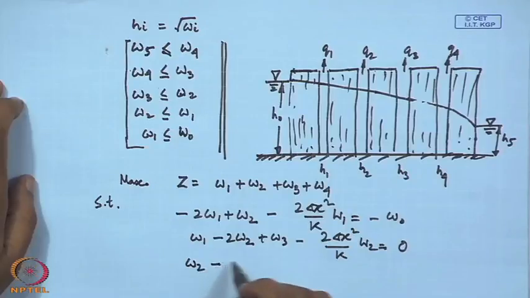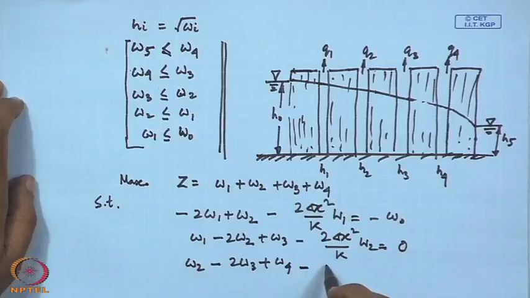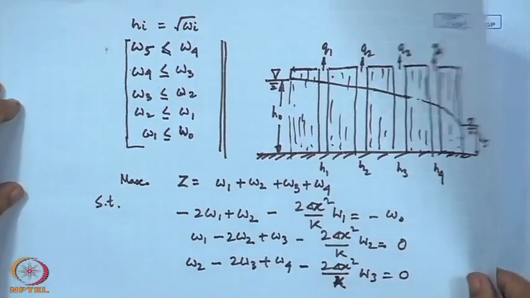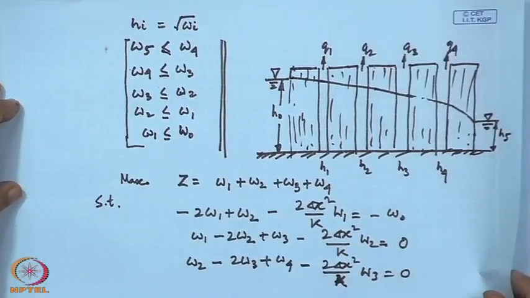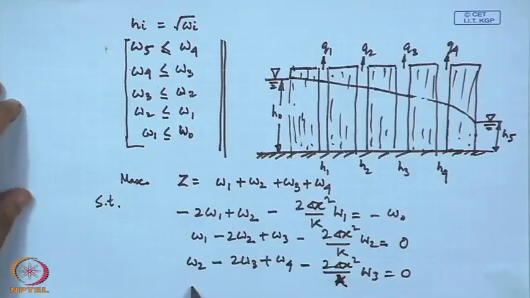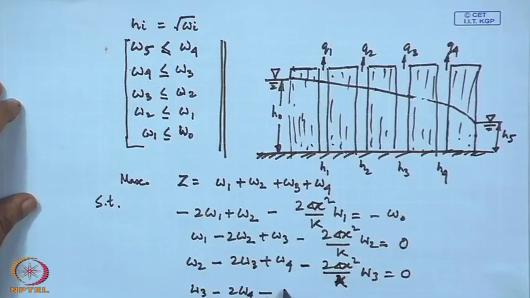Again we have W2 minus 2 W3 plus W4 minus 2 del x square divided by k W3, this is 0, and the final equation we can write as W3 to W4 minus 2 del x square by k W4 equal to minus W5.